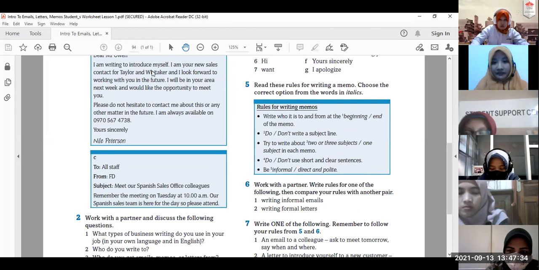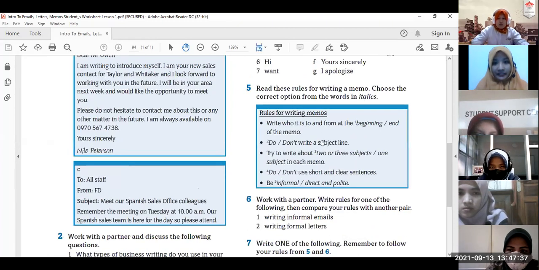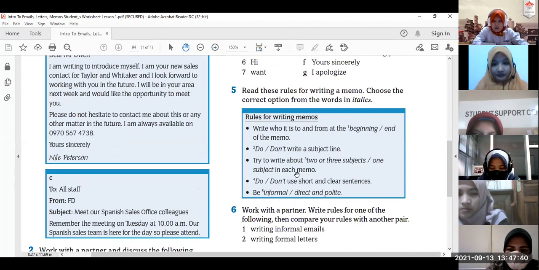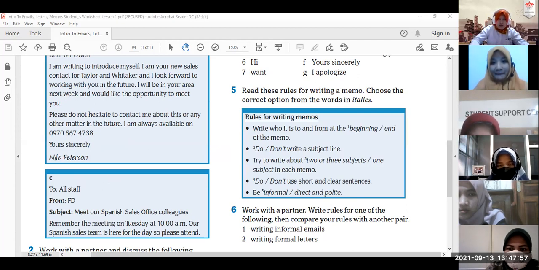Okay, let's start with the first rule, everyone. Rules for writing memo. So which one? Write who it is to and from at the beginning or end of the memo, everyone. So the sender, do we write it at the beginning or at the end? Just like this one. So do we write the sender at the beginning or at the end? Look at here.